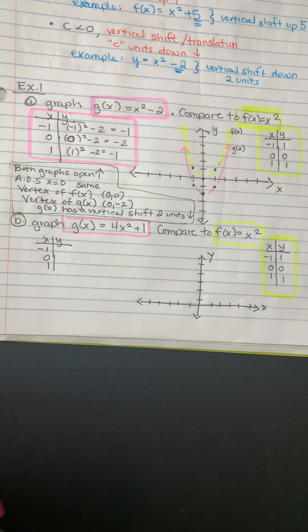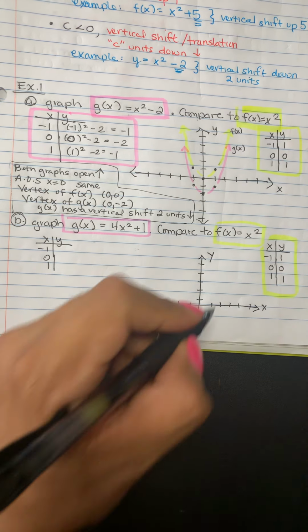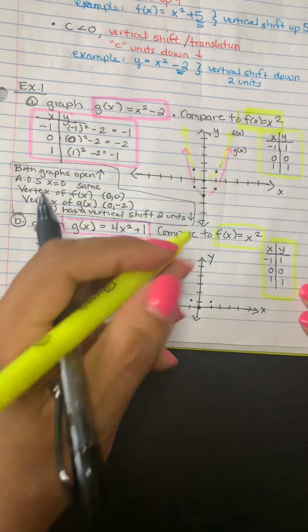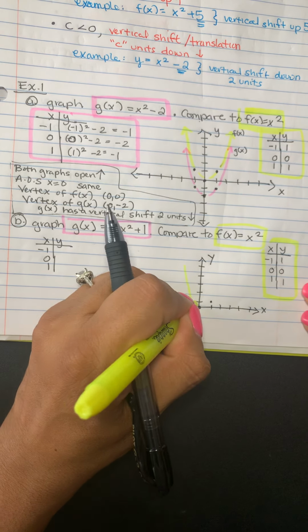Okay. 0, 0, negative 1, 1, positive 1. You should have that memorized.